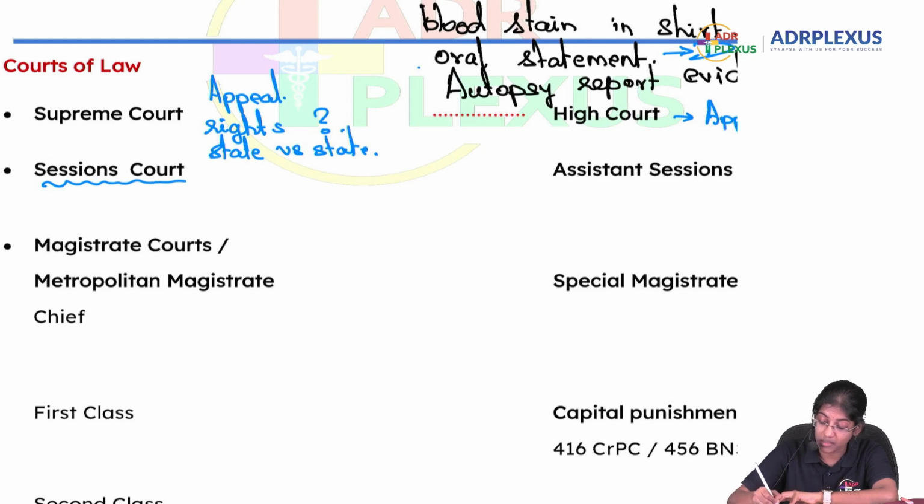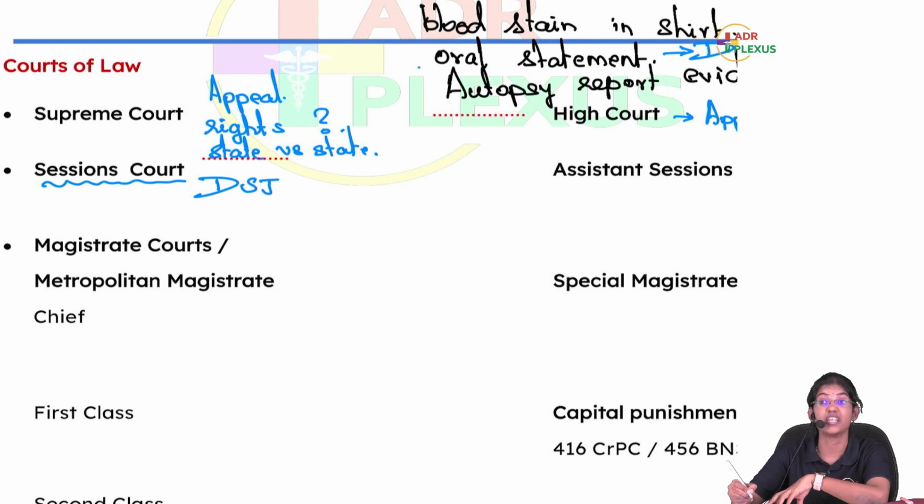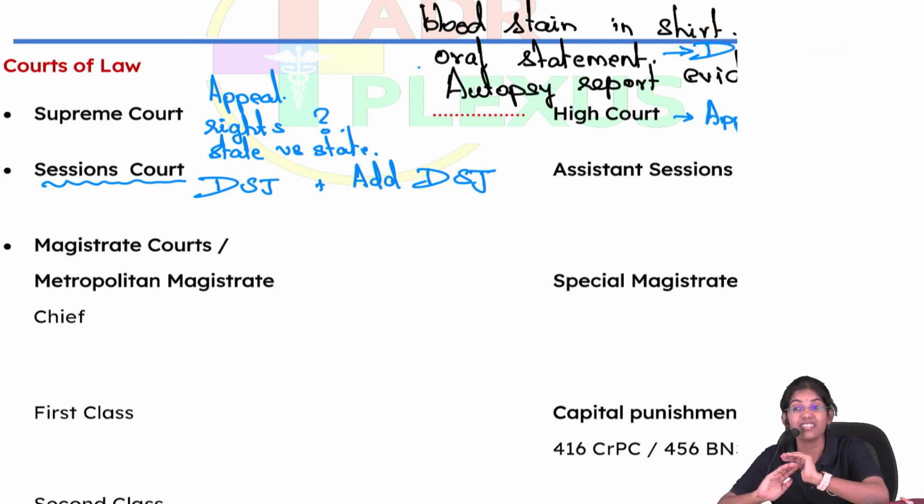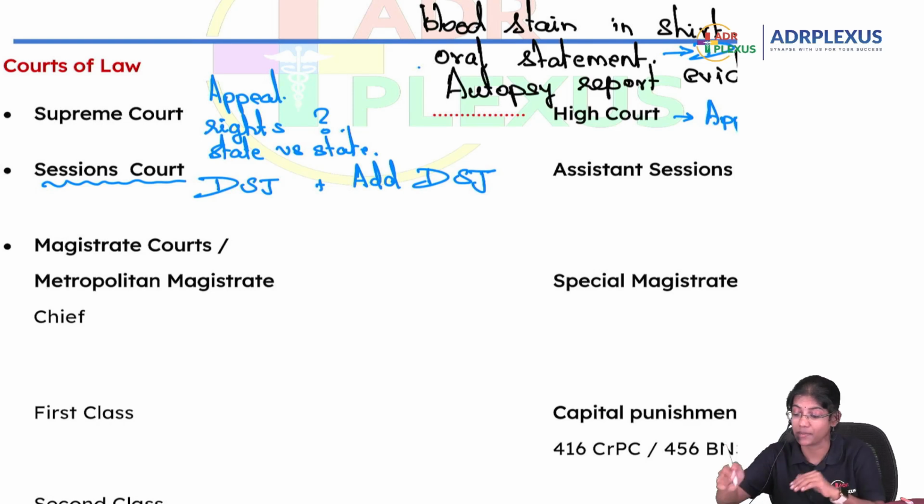Sessions Court is important. They have asked questions on it. Sessions Court has two people: DSJ, District Sessions Judge, and Additional District Sessions Judge. They both have the same power.